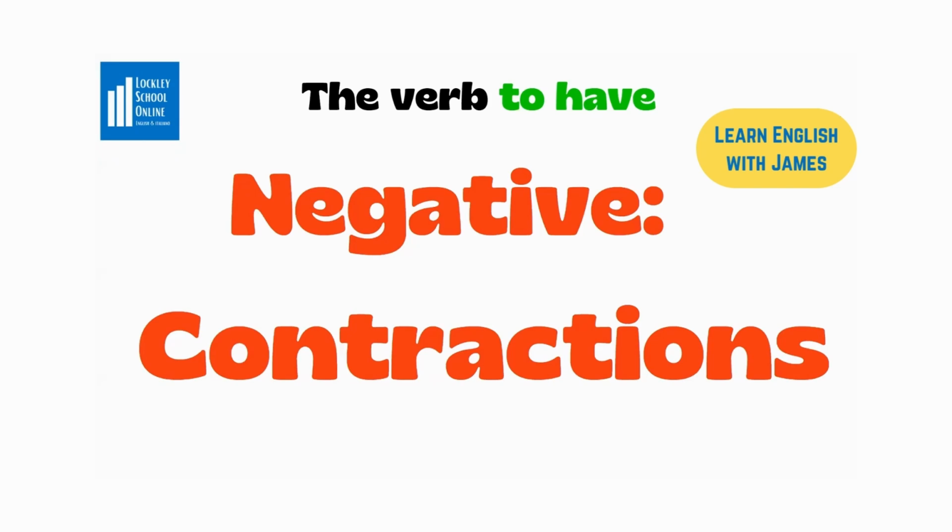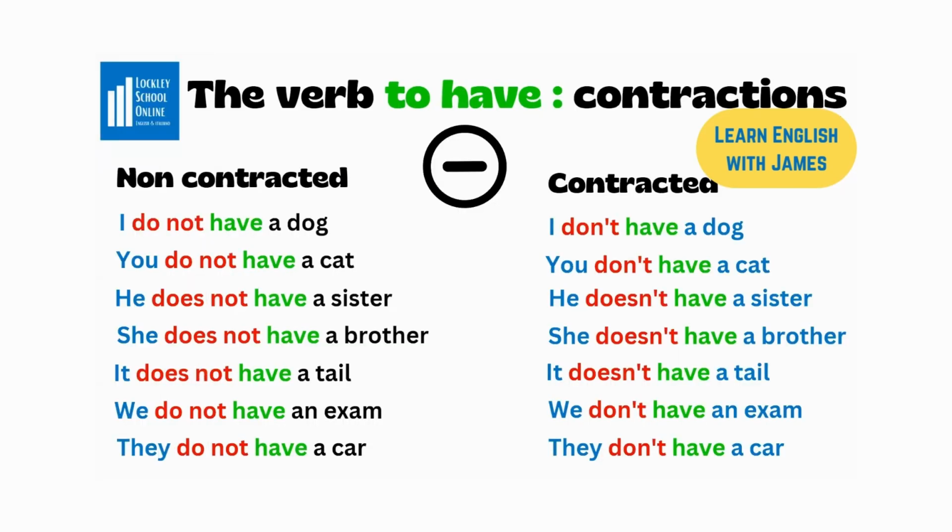How to make negative contractions with the verb to have. You saw the non-contracted forms earlier. To contract the verb to have in the negative form, we take the do or the does, and we remove the space between the do or does and the not, and we remove the O and replace it with an apostrophe.